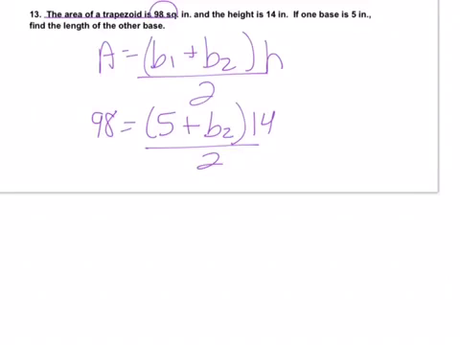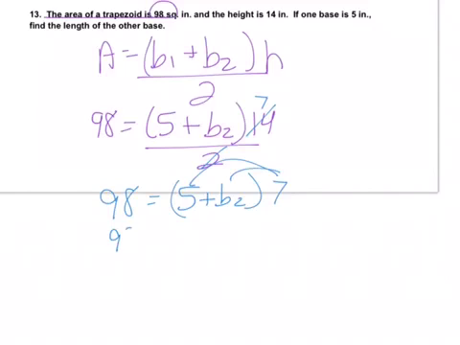Well, I like to get rid of my fraction, so I'm going to reduce that and make that a 7. So I have 98 equals 5 plus b2 times 7. I would distribute that. I'd have 98 equals 35 plus 7 b2. Whoops, not squared, it's b2.